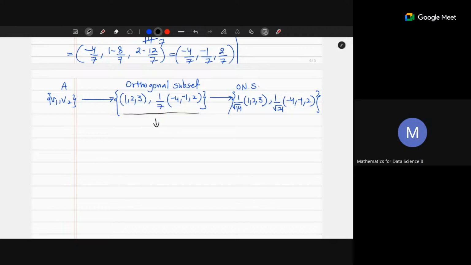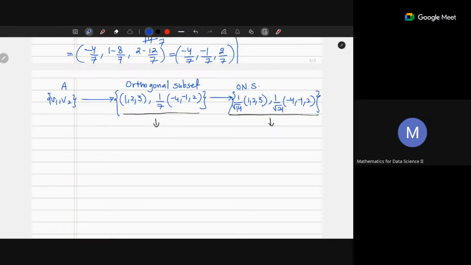Is this subset orthogonal? Good. And similarly, you can check that this other set is also orthonormal.